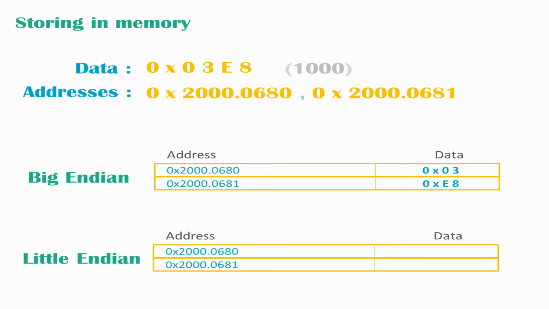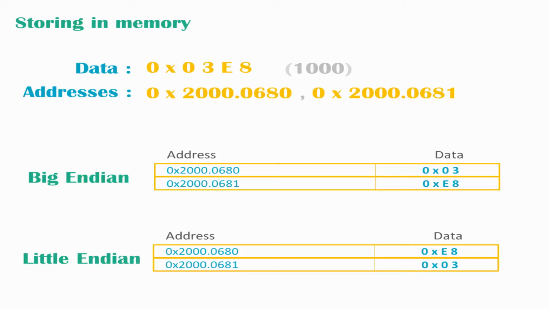We would have to put the other byte in the other address. If the number were a 32-bit number, we would have to follow in this order. With a little endian, it's the opposite. We have to put the least significant byte in the lower address, and the most significant byte in the higher address. So this is how data is placed in the big endian and the little endian computer.